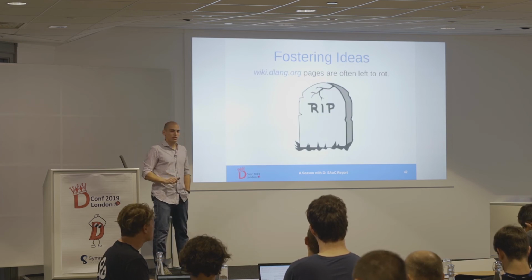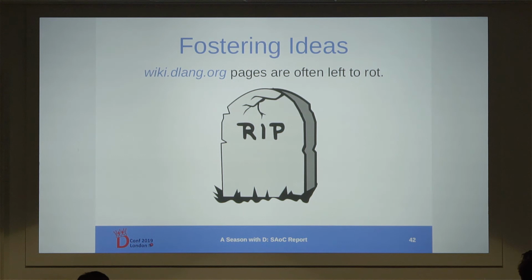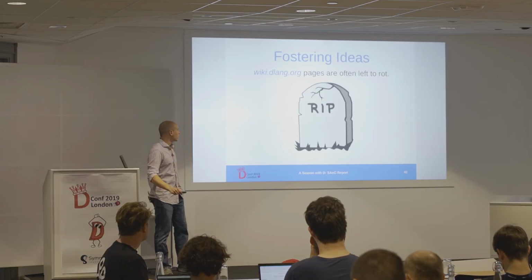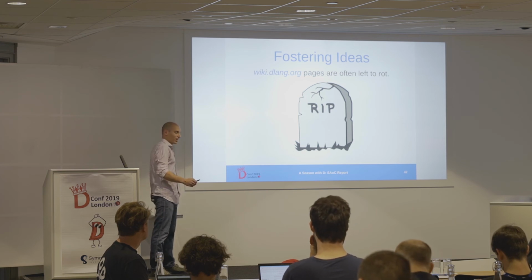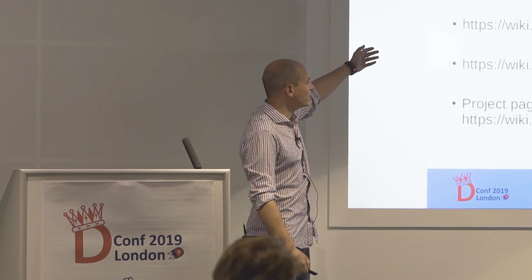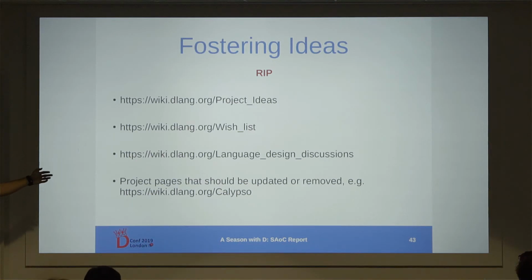The other thing I wish to concentrate on is that fostering ideas from the community is not that clear if we're coming from outside the community. Like, we have a series of dlang.org and wiki.dlang.org pages which are kind of left unmaintained. We have project ideas, which have been there for a long time, but I feel like nobody is looking after them anymore.